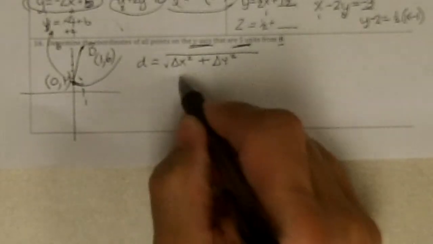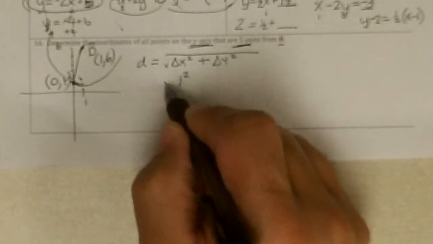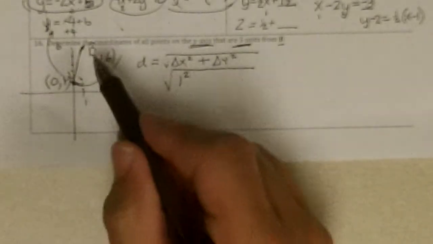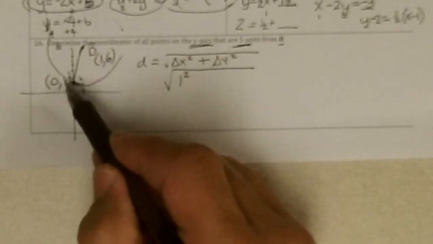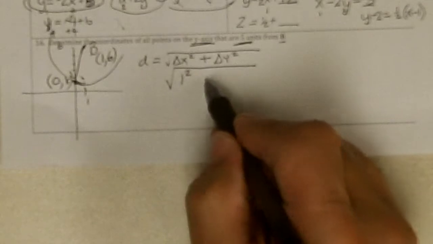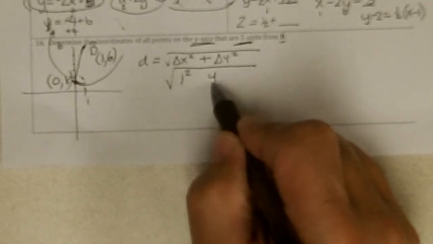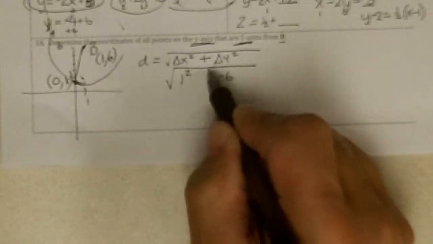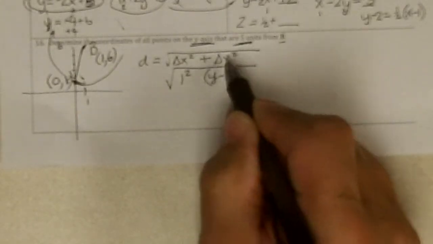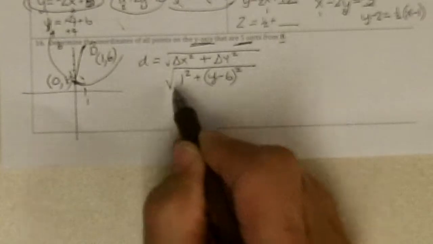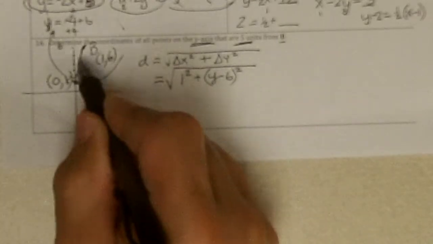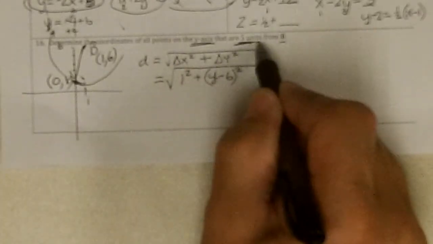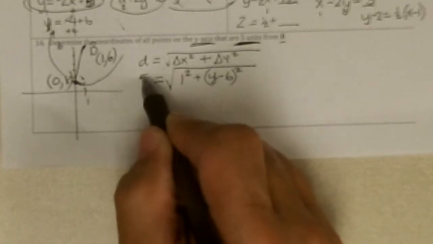Well, the difference in the x's from 0 to 1 is 1. The difference in the y's, well, that's 6 and y, and the difference we find by subtracting. So I can write 6 minus y or y minus 6. I'm going to do y minus 6 squared, and we're supposed to add these. And that's supposed to be the distance between them, or 5.